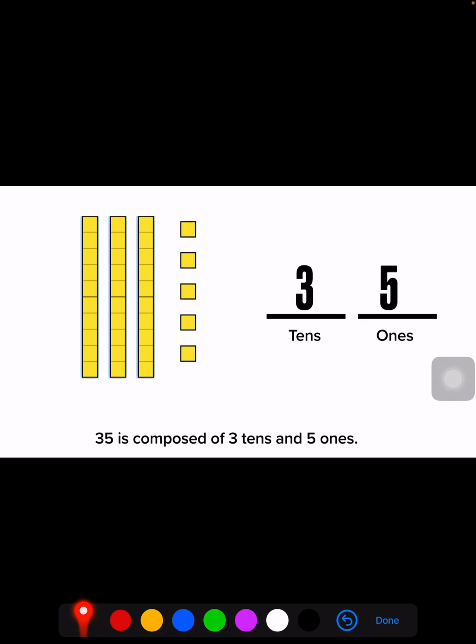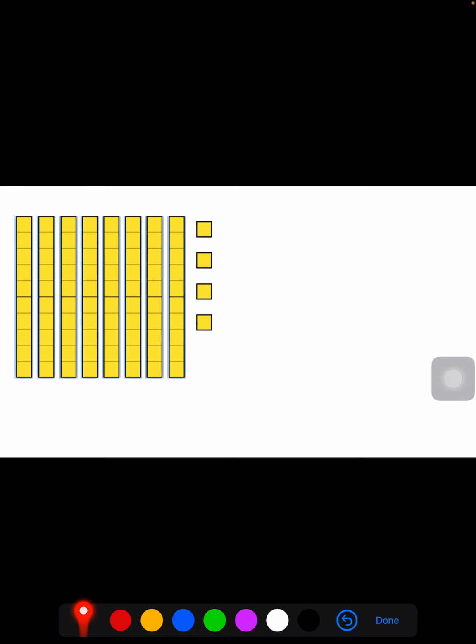Let's look at another example, and I'm going to need your help on this next one. Here we see another amount that is broken up into tens places and ones places. How many tens blocks do you see in this representation? Let's count together. Ready? 1, 2, 3, 4, 5, 6, 7, 8.